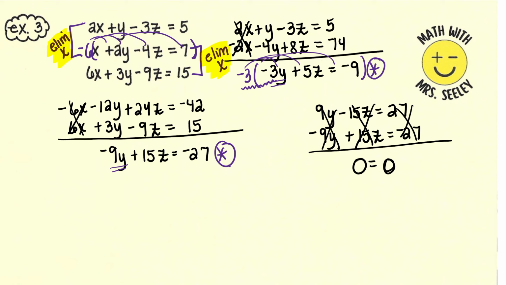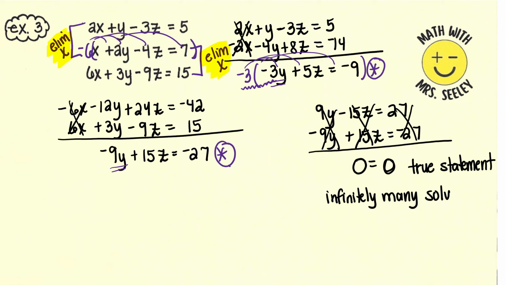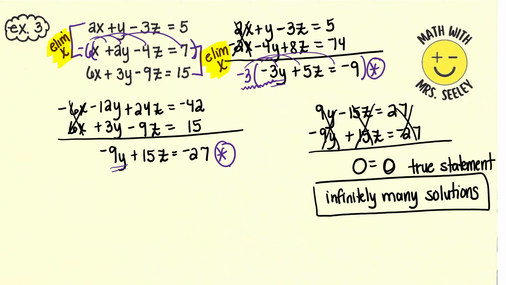So it's just another 0. 0 equals 0 is very definitely a true statement. When you get a true statement, what that means is that you have infinitely many solutions. It's not true like a true-false test, but it's infinitely many solutions because you got a true statement.